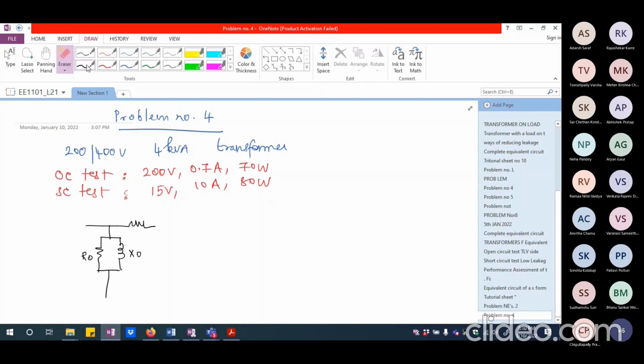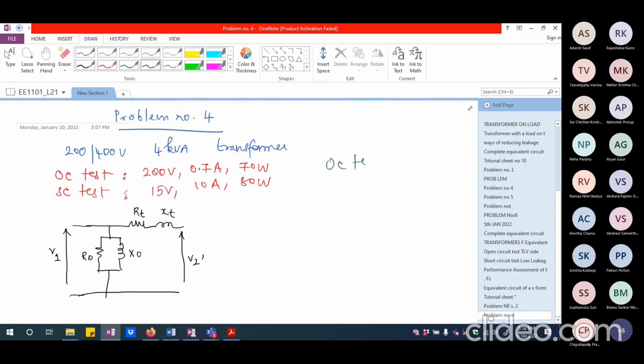So let me use the same terminology. So this they have called as RT, and they have called this as XT. Okay, so this is V2 dash and this is V1. So this is the transformer equivalent circuit. Now from open circuit test, you should be able to calculate.